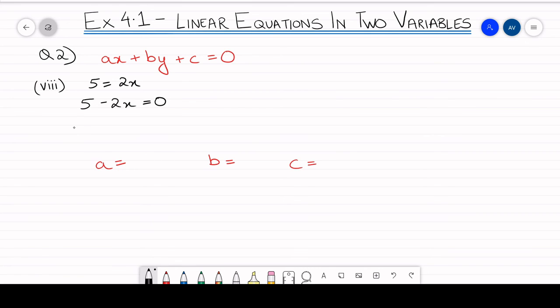Here I can rewrite this as minus 2x plus 5 is equal to 0, and this gives me the coefficient of x is equal to minus 2, so a will be minus 2. There is no y term, so b is equal to 0, c is equal to plus 5. And that completes question number 2 as well as the entire exercise 4.1.